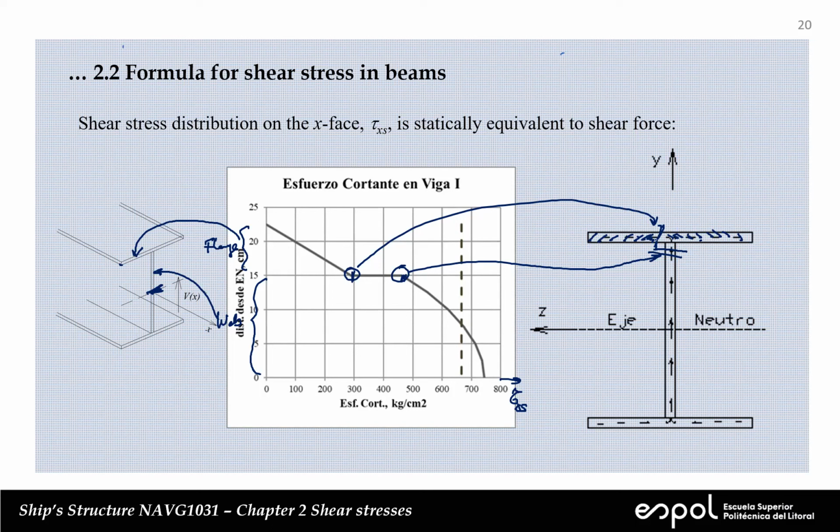That's the reason they call it shear flow. From this point, you vary quadratically. You have a maximum on the neutral axis, and then you start decreasing in a symmetric way in this part here.